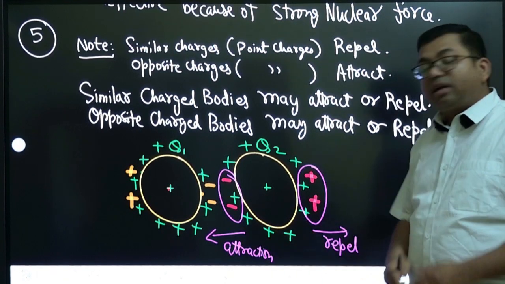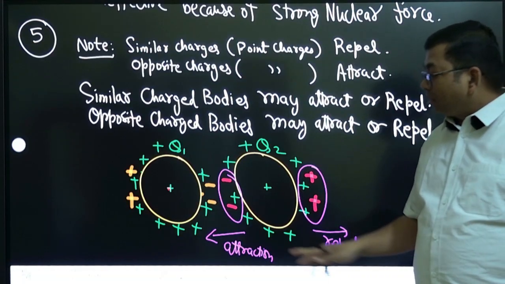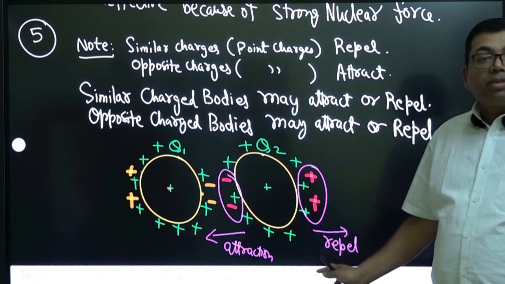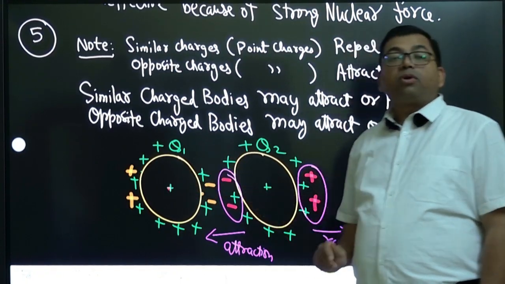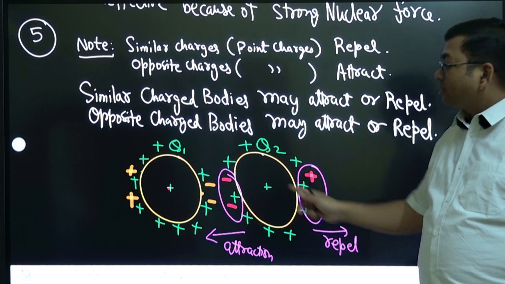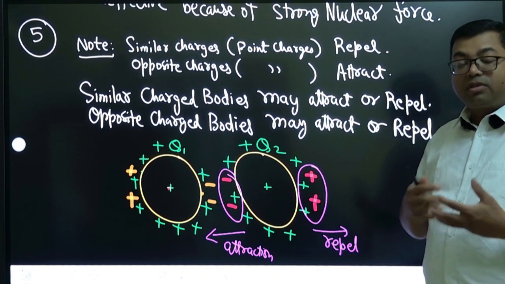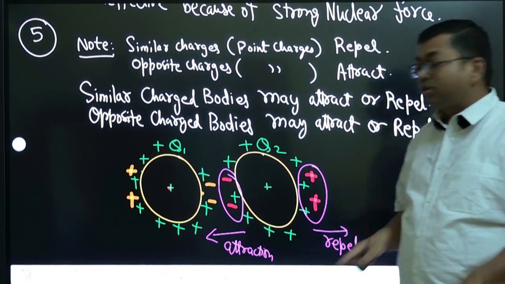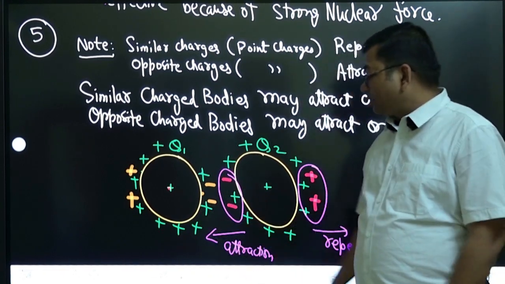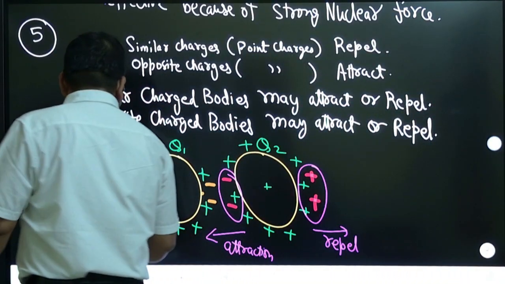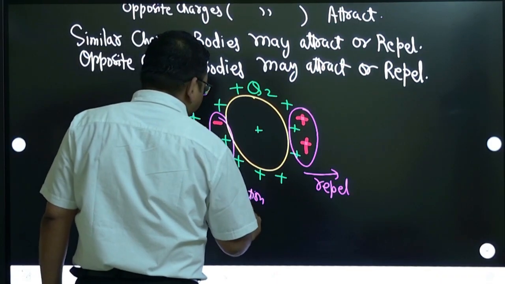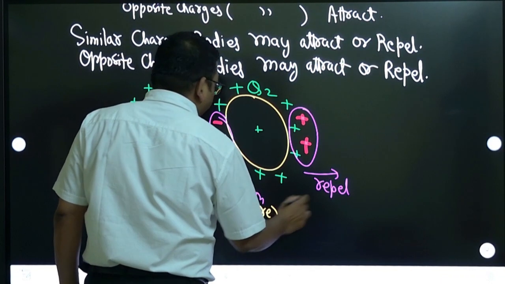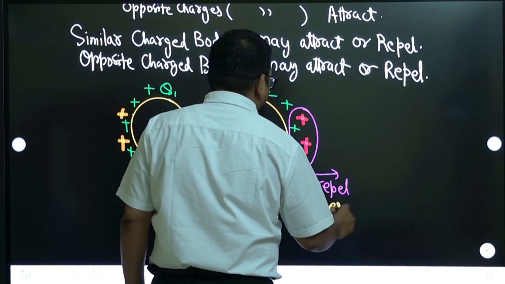Now, this attraction force is going to be larger than this repulsion force. Why? Because this charge is close to this body and this charge is away from that body. If the distance is small, force is large. That's how the attraction is more. This point is important to know. This attraction is more and this repulsion is less.